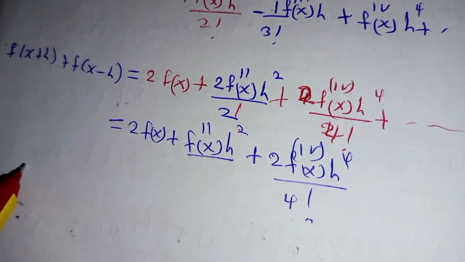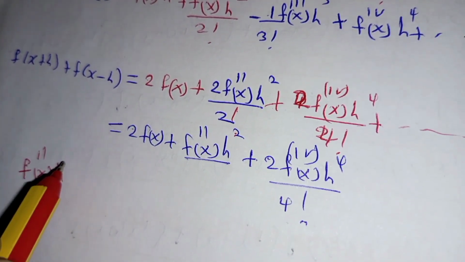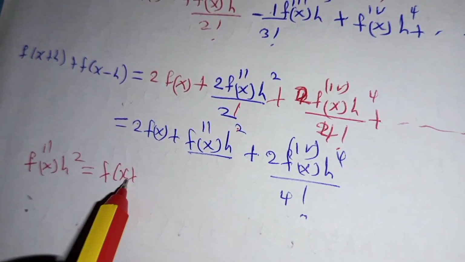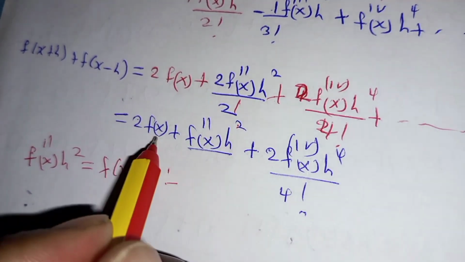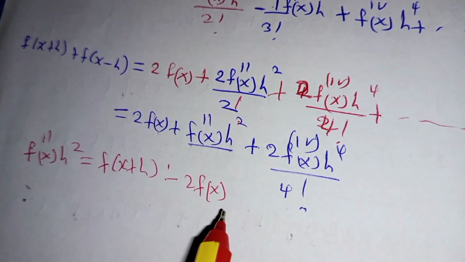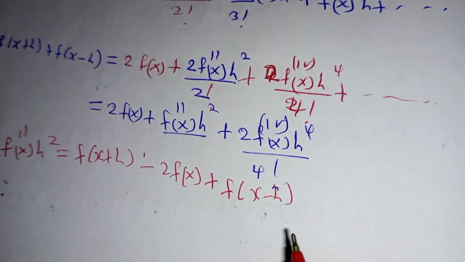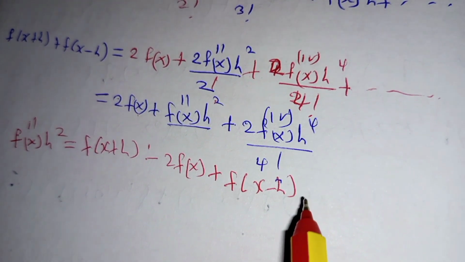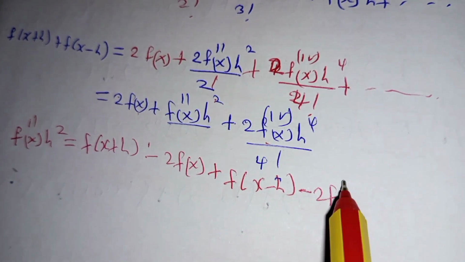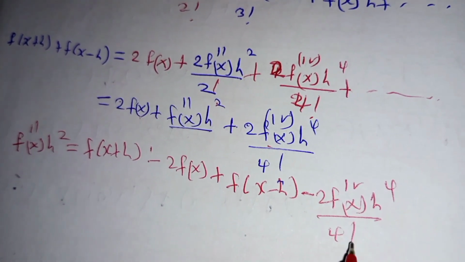When we do that, we shall have the second derivative of f of x times h squared equal to f of x plus h minus 2f of x plus f of x minus h, minus this other part here, which is 2 times the fourth derivative of f of x times h to the power 4 divided by 4 factorial.